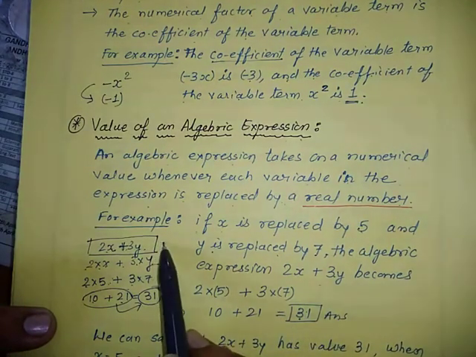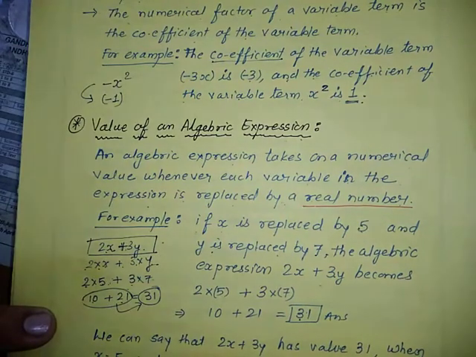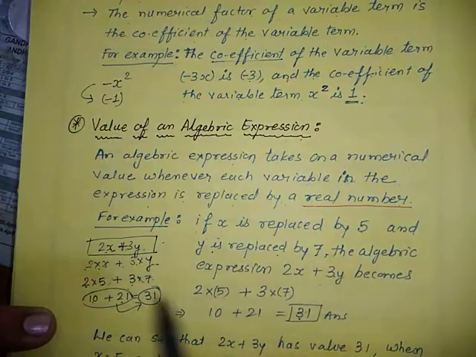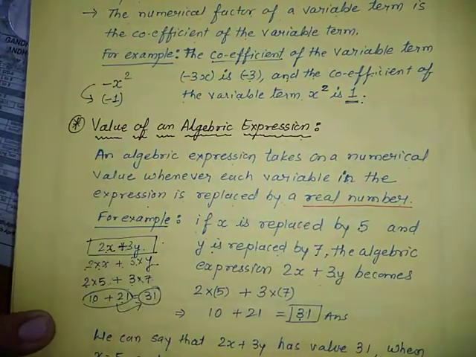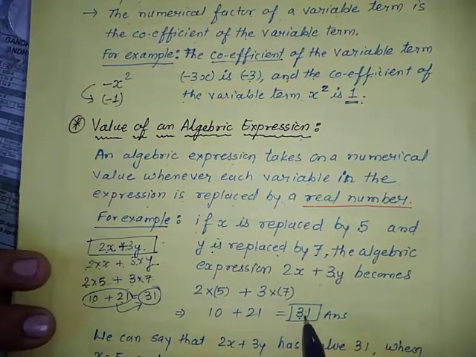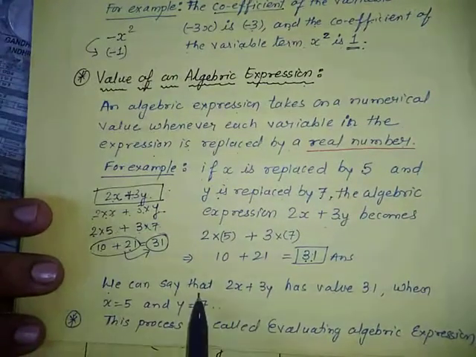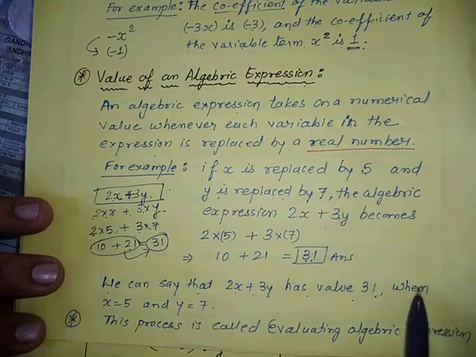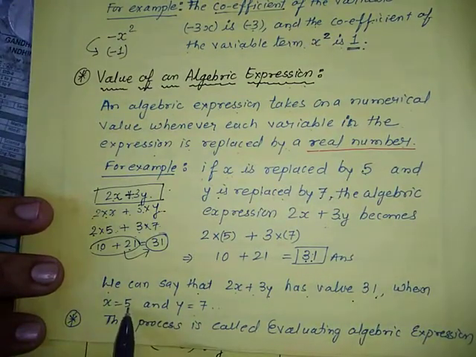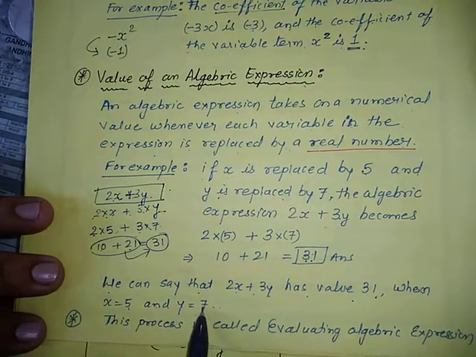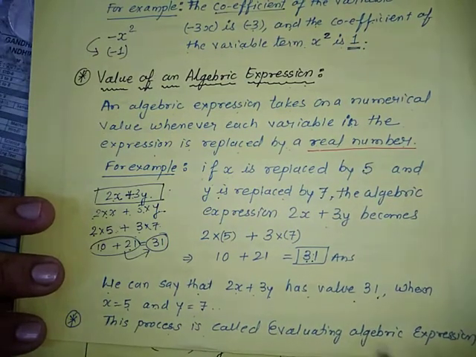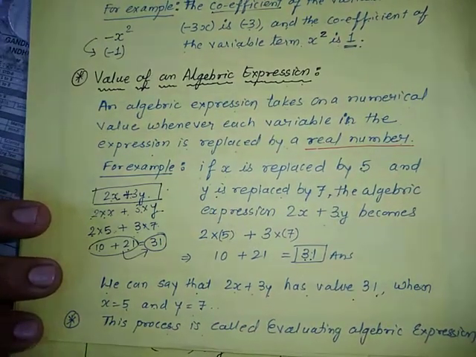As the variable's value changes, definitely the value of the expression also changes. We can say that 2x plus 3y has value 31 when x is equal to 5 and y is equal to 7. This process is called evaluating an algebraic expression.